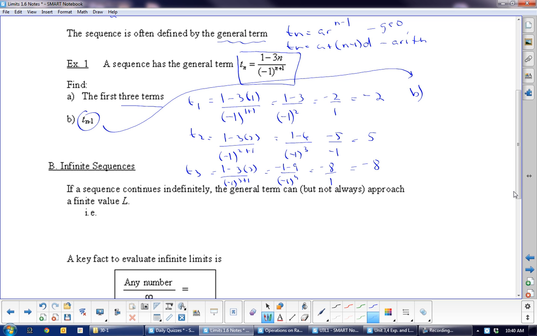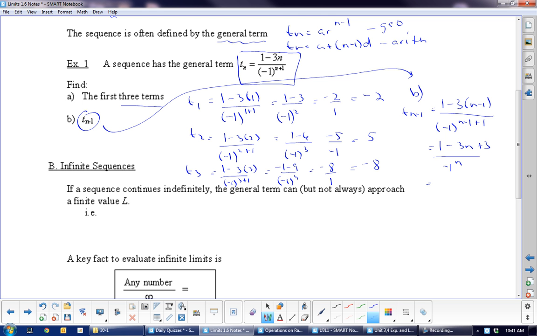All you do is you put in, so T to the n minus 1 equals 1 minus 3 times n minus 1 over negative 1 to the n minus 1 plus 1. This would equal 1 minus 3n plus 3 over negative 1 to the n, because those negative 1 and positive 1 cancel.